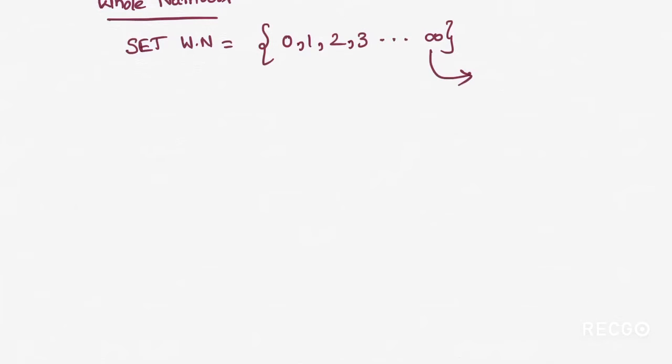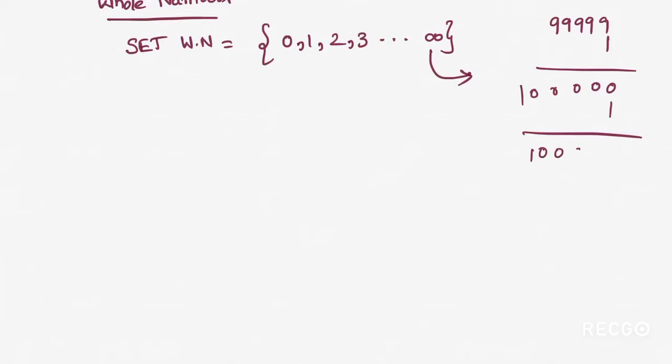Infinity is a very large number which extends without bound, and we cannot predict it. Suppose you say the infinity number is 99999 and there is one more added to it, then again one number higher.